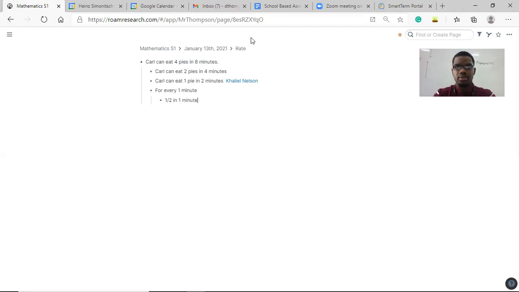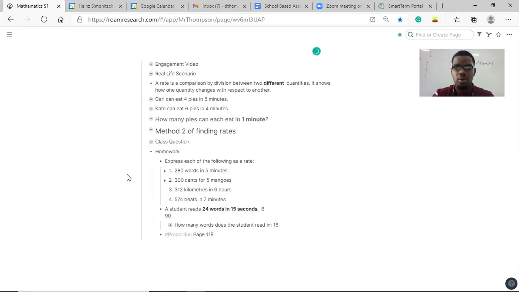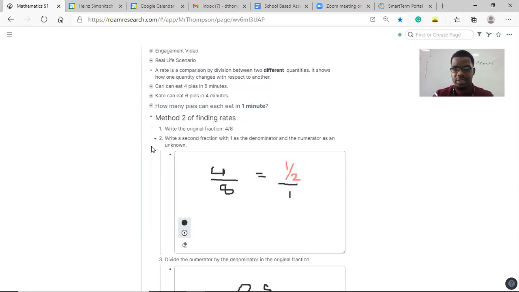Using that example, we moved on to method 2, which was the actual calculation, not just halving every time, but we formed an equation or a fraction, so to speak. In the case of Carl eating 4 pies in every 8 minutes, that was a fraction of 4 divided by 8.